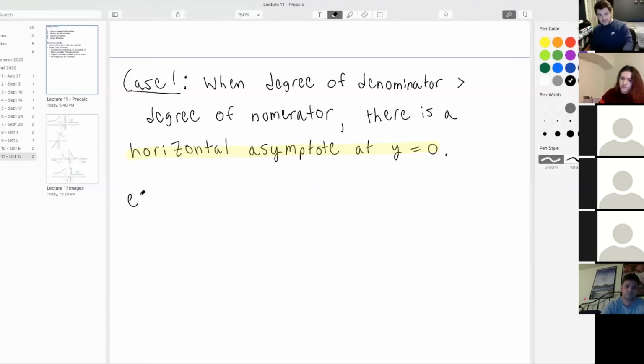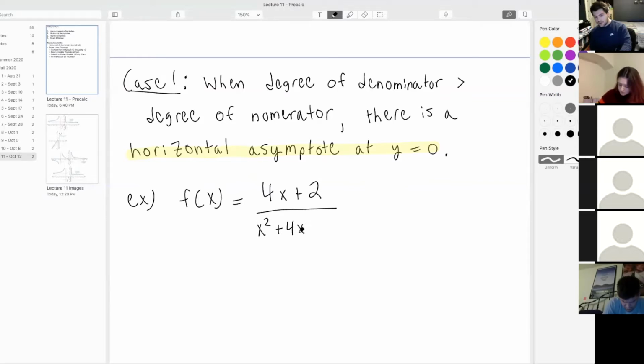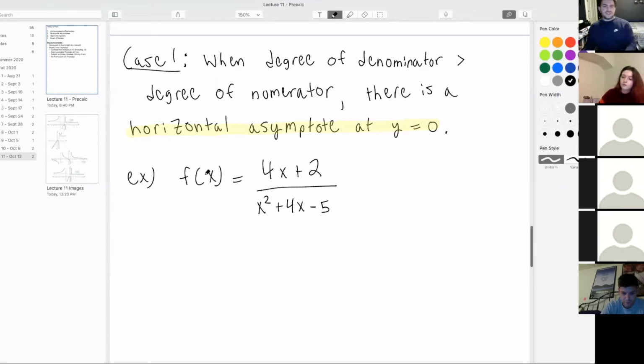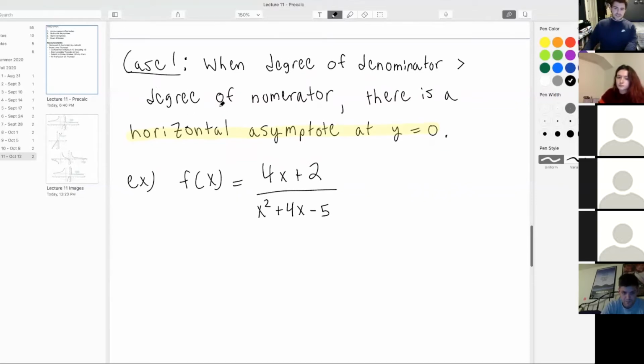Okay, so here's just an example of such. How about this function? f of x equals 4x plus 2 divided by x squared plus 4x minus 5. Just note that this rational function definitely satisfies the conditions of case 1.